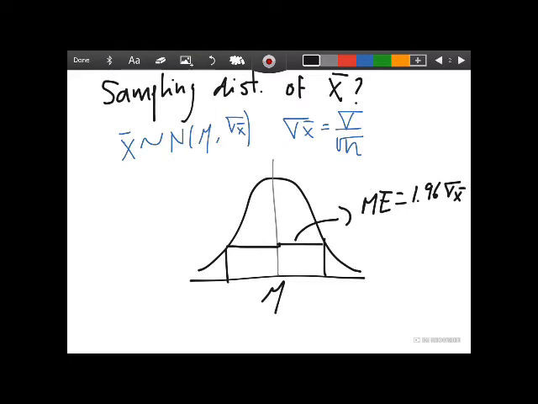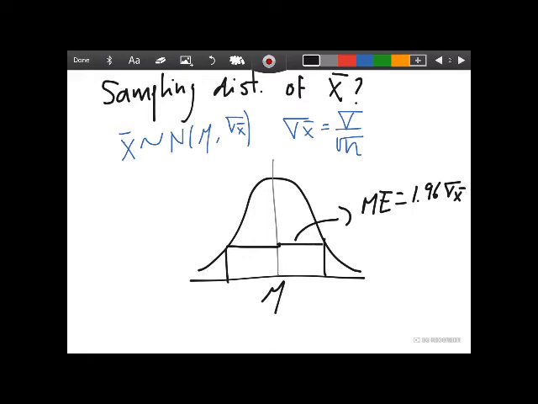If we have that situation, then we will be confident that 95% of the time x bar will be within that range. Okay, so given that, we can generalize this idea.